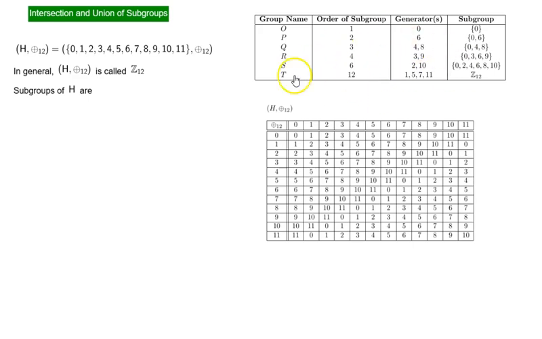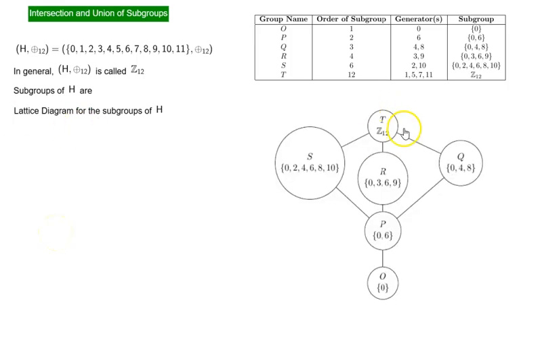This set of subgroups that we have, we can represent in a lattice diagram. So let's do that. So here you have the entire group. This is T, S, R, Q, P, and O. These are the various subgroups. Now remember, multiple generators may generate the same subgroup.